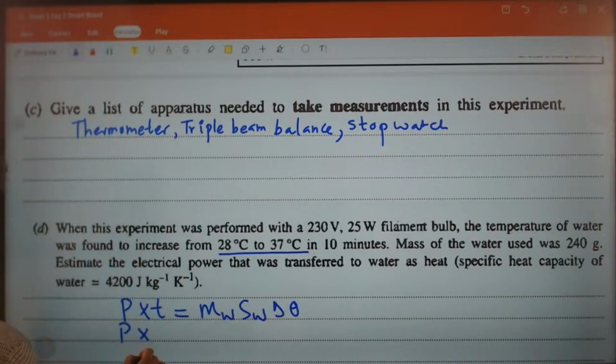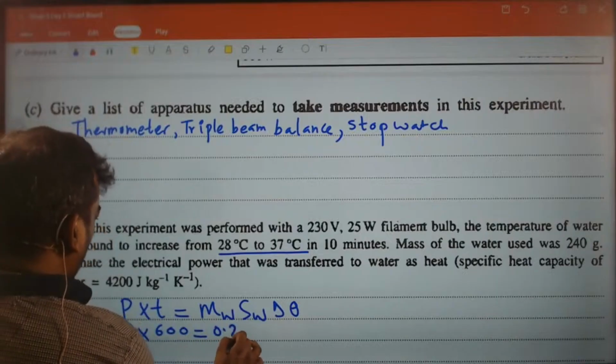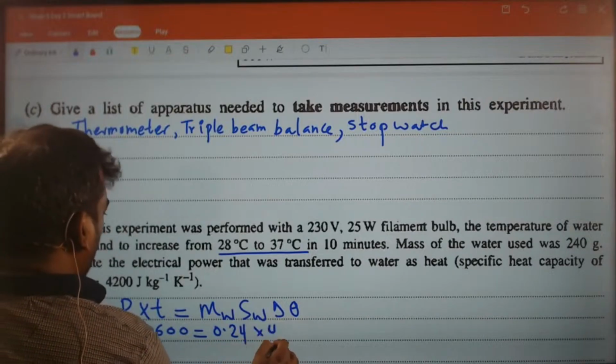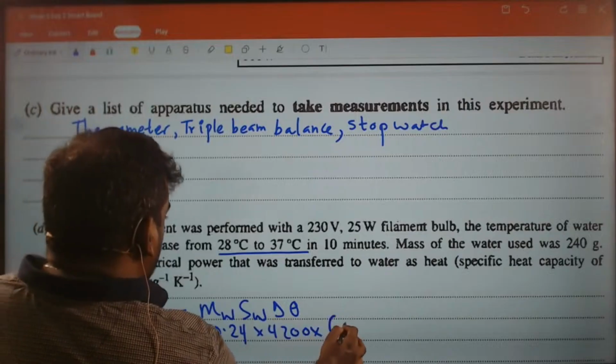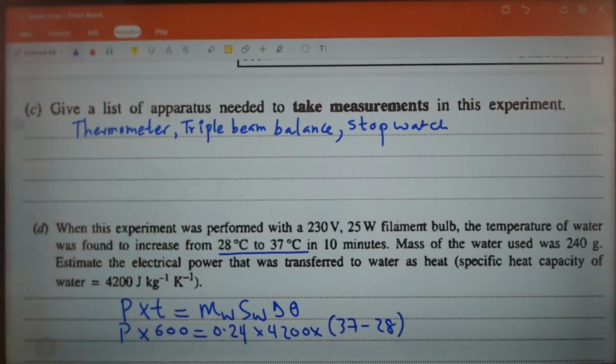Power into time, in 10 minutes, 600 seconds. Mass of water is equal to 0.24 kilogram, 4200 specific heat capacity, temperature change 37 minus 28.